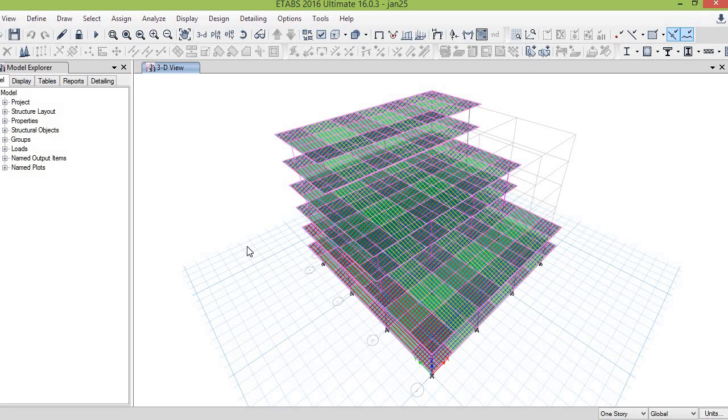So while doing analysis of any structure in ETABS or any other software, we must know the total provisions, and accordingly we take the height for seismic analysis, so that our design or analysis becomes more rigorous or economical.